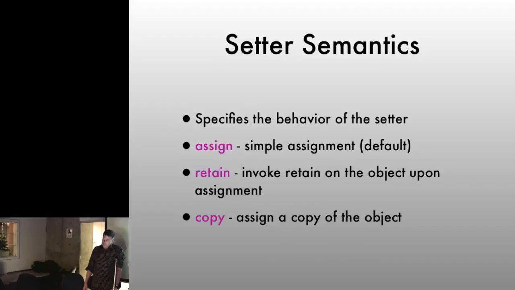But if you just do date equals, if you just assign to the instance variable, it's just using a normal C assignment. Just assigning the value, and then it's going to get autoreleased out from underneath it. Again, the thing to keep in mind is that when you use the dot notation, the compiler will actually expand those into the corresponding method call.